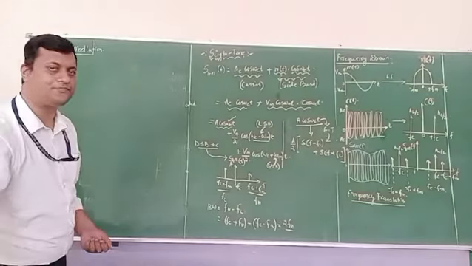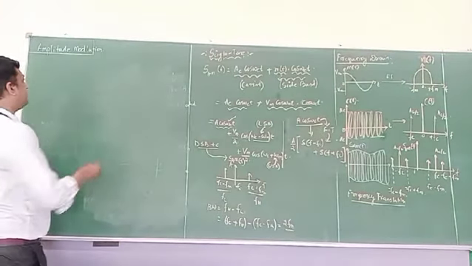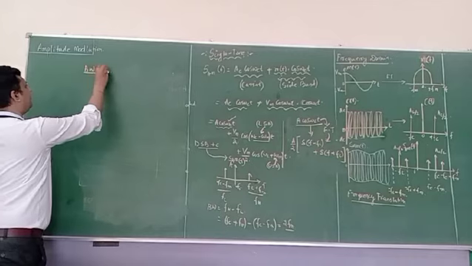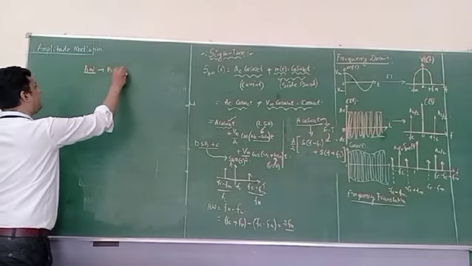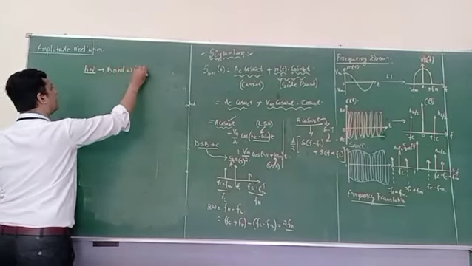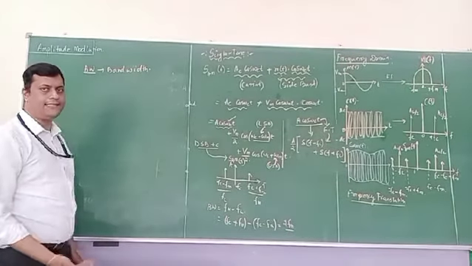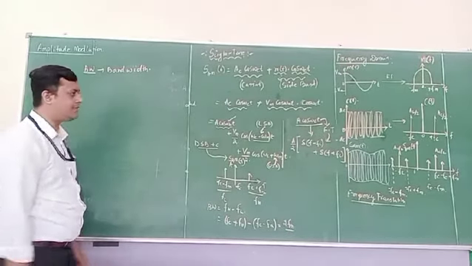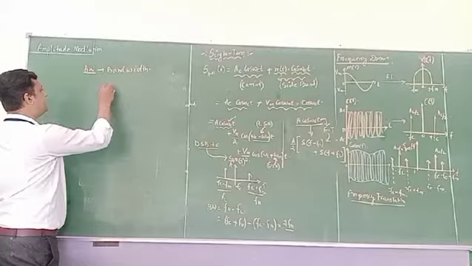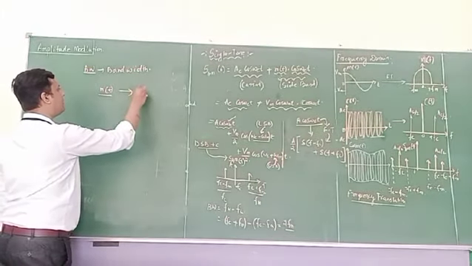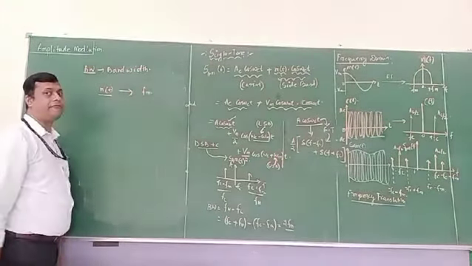Let's see. So first, the bandwidth, BW. How many signals are there? Modulating signal and modulated signal. The modulating signal is m of t, whose frequency component is fm.